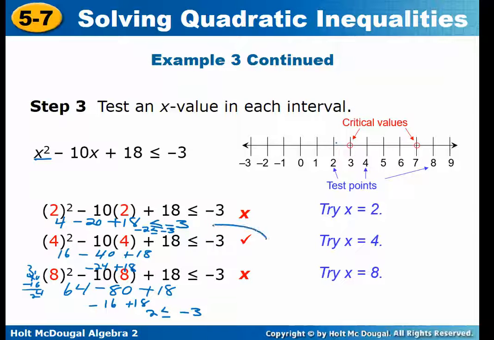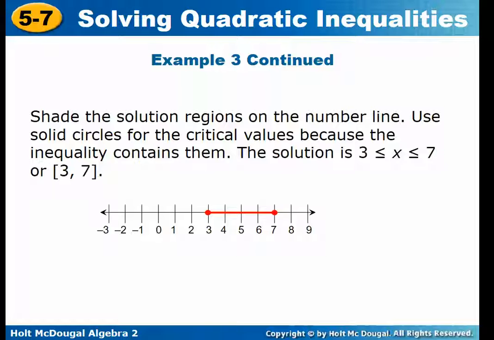So the only one that worked was in the middle, which means that my solution is going to be between 3 and 7, and it can include those because these were less than or equal. So your solution is that x is between 3 and 7, or could include it.